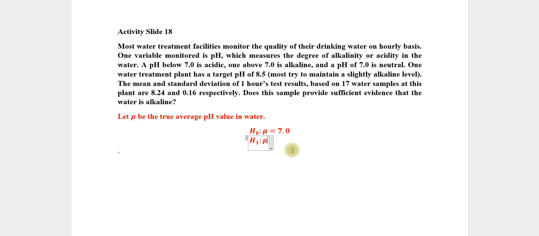If I put not equal to 7, I will not be able to answer the question, because the question is asking if the water is alkaline. If I put it as not equal to 7, at no point would I be able to answer if the water is alkaline. Because if I reject the null, what I would be able to say will depend on what is happening in the alternative.